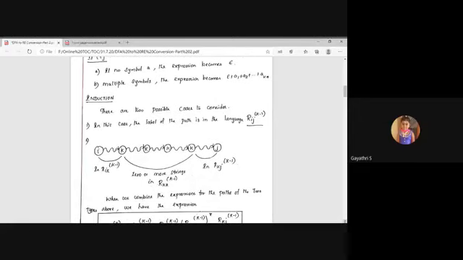In this induction step, two path labels are possible. The first one is Rij of k minus 1, the direct one, from i to j, that is initial to final, a direct connection between i and j. The second one talks about intermediate transition.